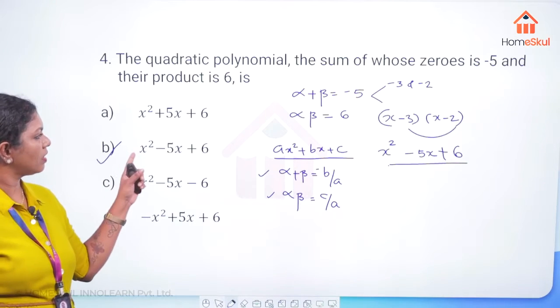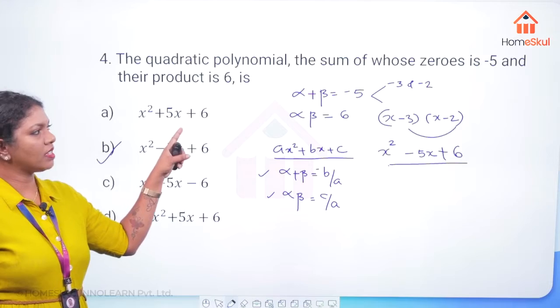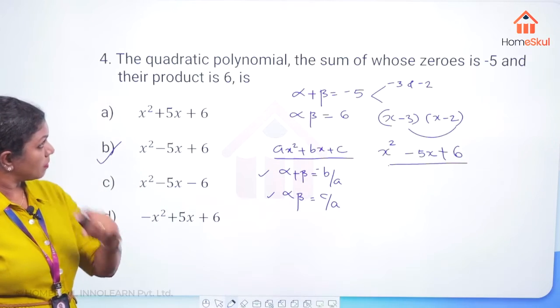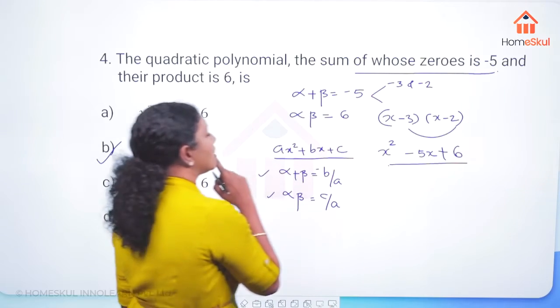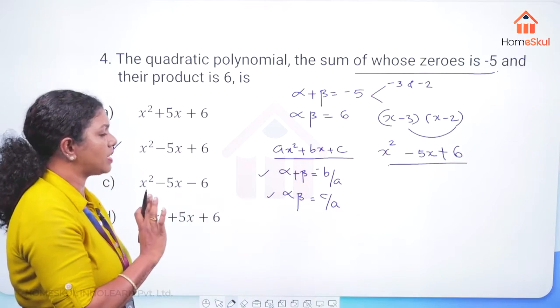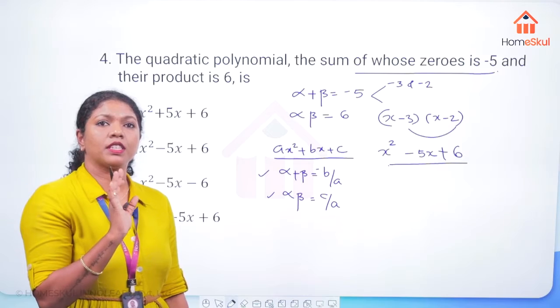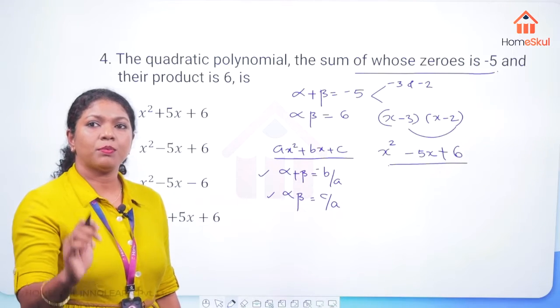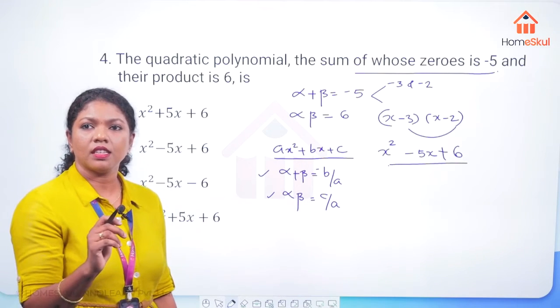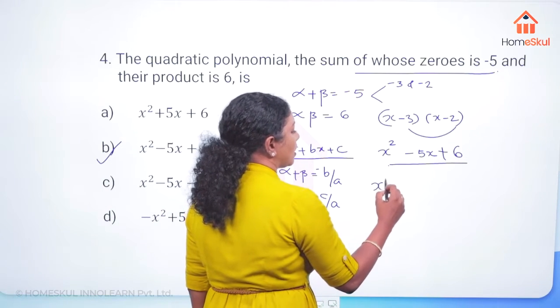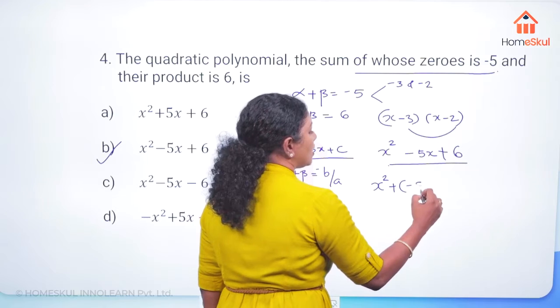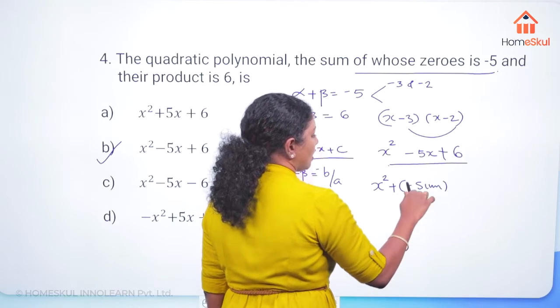Yeah, you got that one, x square plus 5x. Yes, ma'am. But the sum of whose zeros is minus 5. Sum of zeros is alpha plus beta, right? Alpha plus beta should be... Is it option A? No. See, when you have the sum, it is x square plus minus of sum, right?